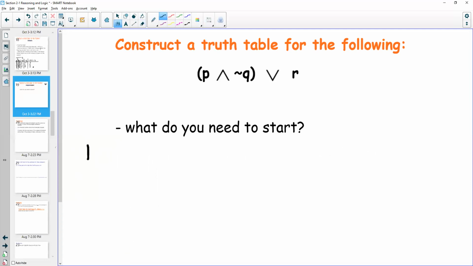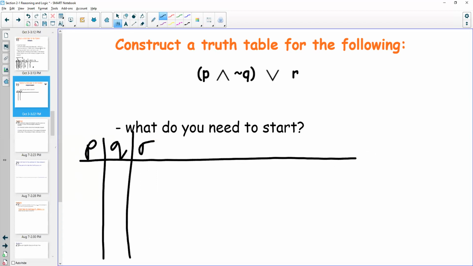So P, Q, R. Well, they could all be true, right? They could be true, false, true. They could be true, true, false. They could be true, false, false.